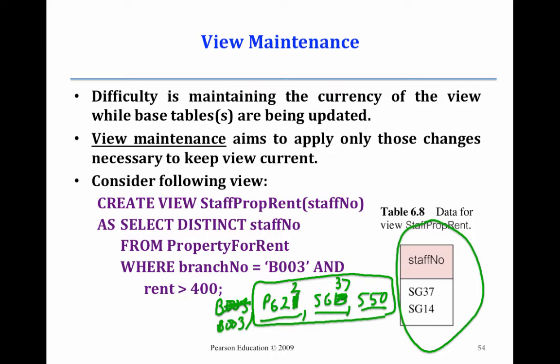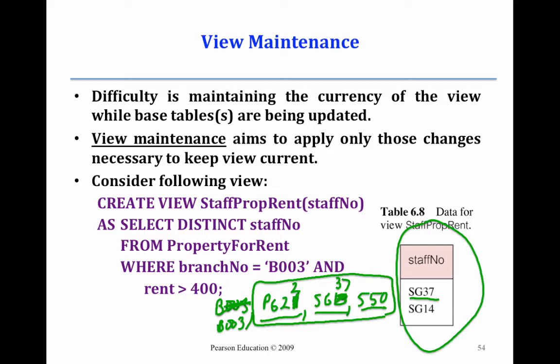Do we need to remove SG37 from the view? I'm seeing a couple nodding heads. Why do you think so? Okay, we took it out of the base table. But there's an issue. What if they have other properties? They might have multiple properties greater than 400. So we don't know in that case.